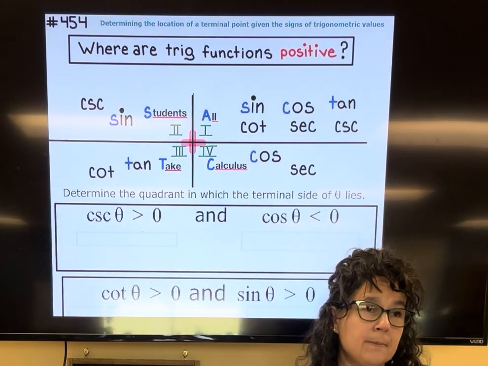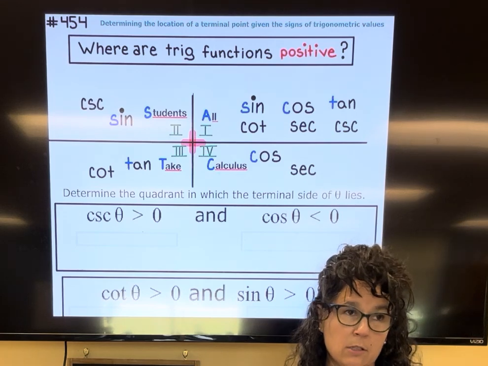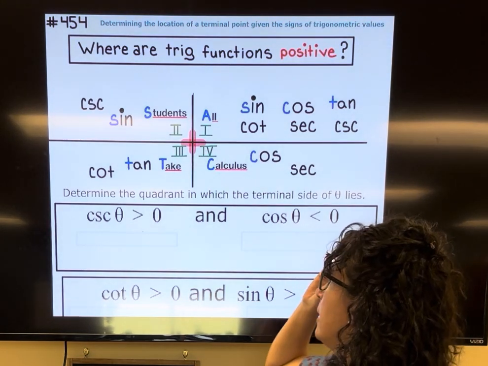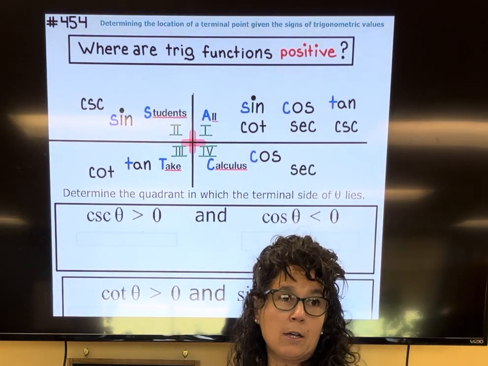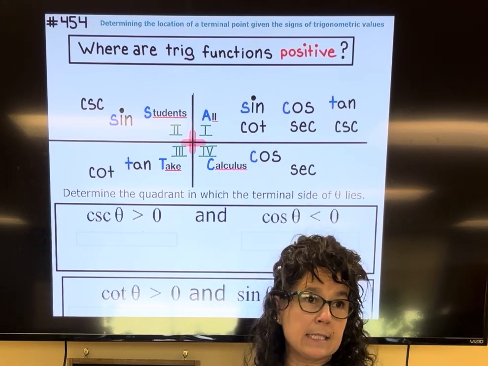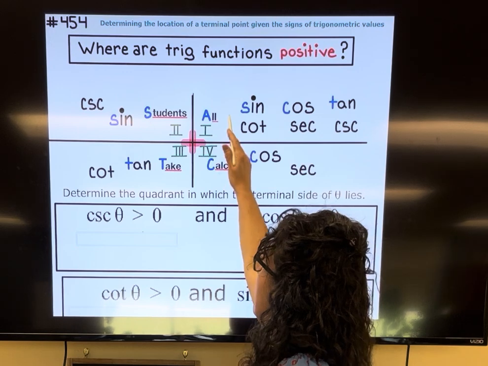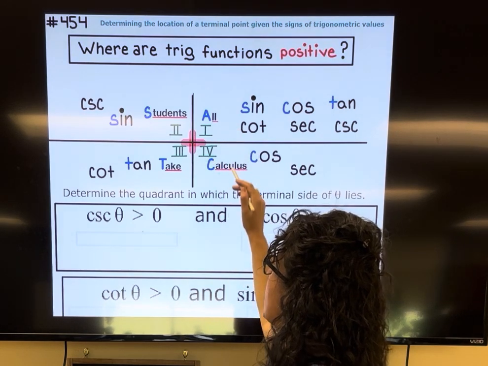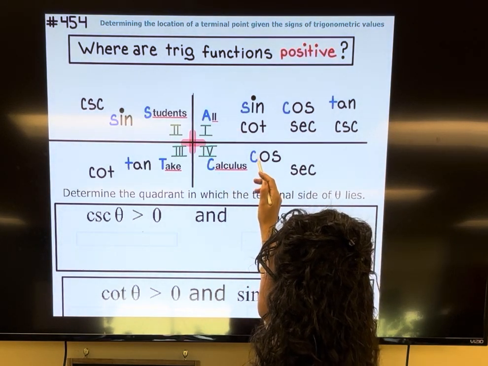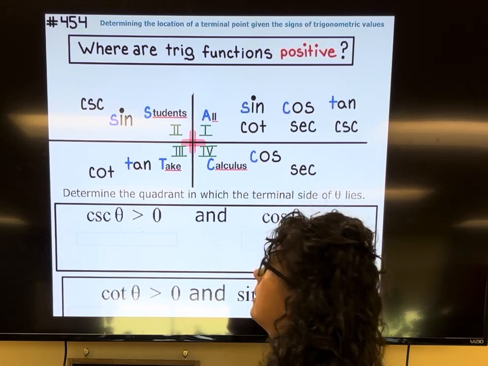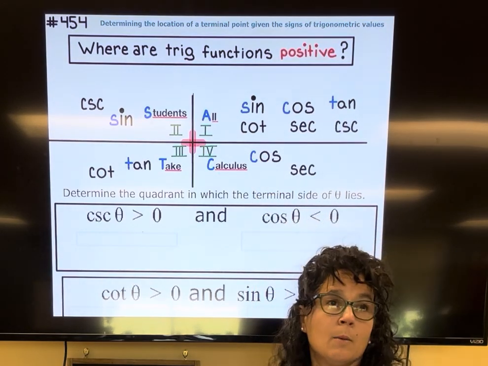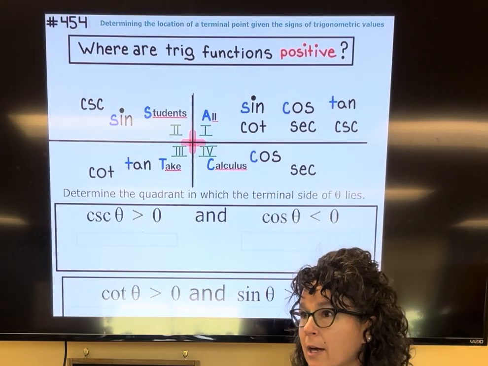Or cosine is the x-coordinate. And so we're like, well, where is cosine positive is the same thing as saying where is the x-coordinate positive. And so going right up or right down, the x-coordinate's positive, so cosine's positive in quadrant 1 and in quadrant 4. But often you don't want to think that hard about it.